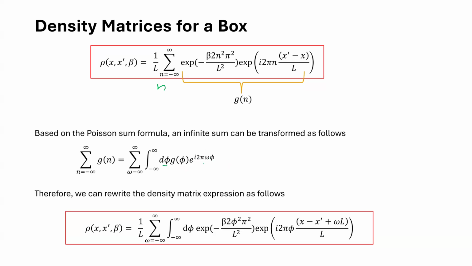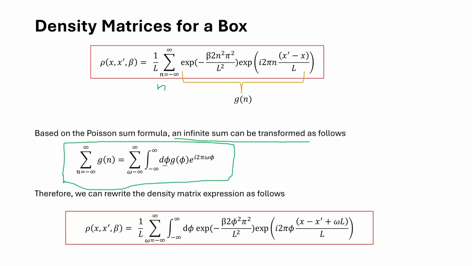This is the Poisson sum formula. We can convert an infinite sum based on this transformation.